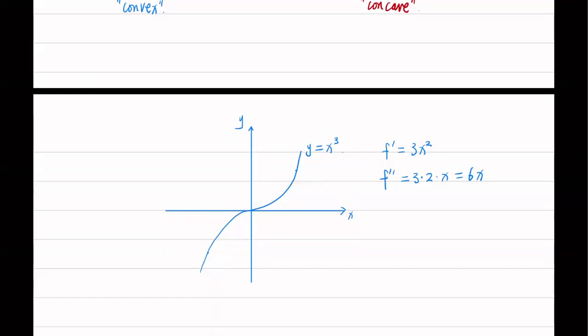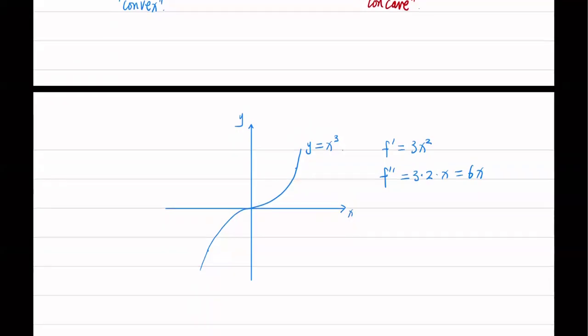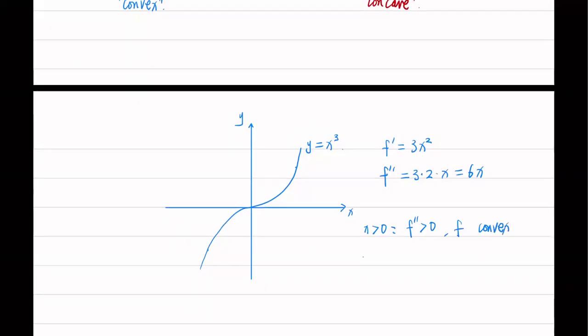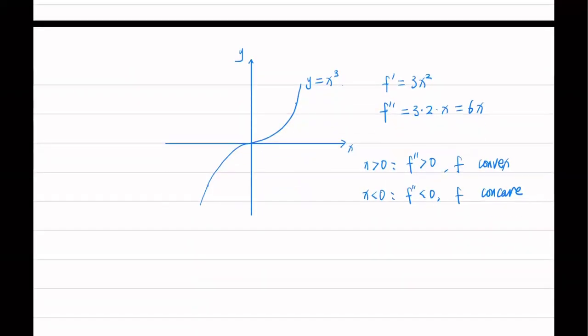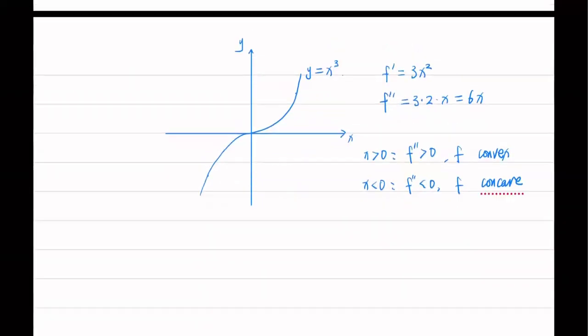So we conclude convex if x is positive, concave if x is negative. And at this special point, the transition from concave to convex is called an inflection point.